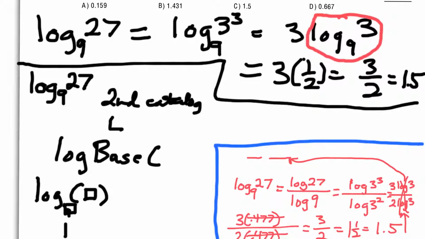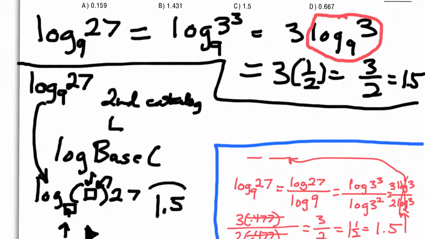Then it stops blinking, and then you push the right arrow on your calculator, and then this one starts blinking. And in that one, you put 27, right? See, so you've just taken this and fed it into the calculator. And then you press enter. And what pops out but 1.5.